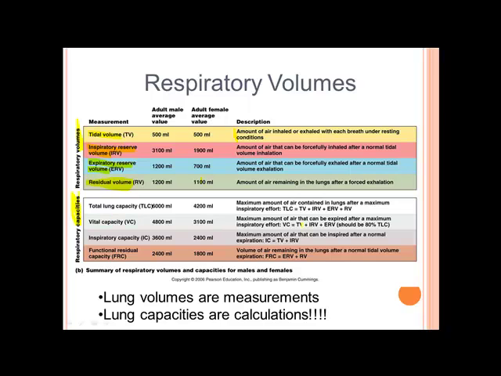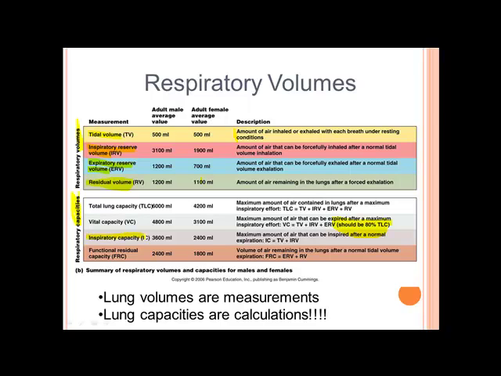So that's your tidal volume plus inspiratory reserve plus expiratory reserve. This should be at least 80% of your total lung capacity. If it's less, you likely have some sort of an issue, like you're a smoker or you have TB or some sort of COPD, chronic obstructive pulmonary disease.